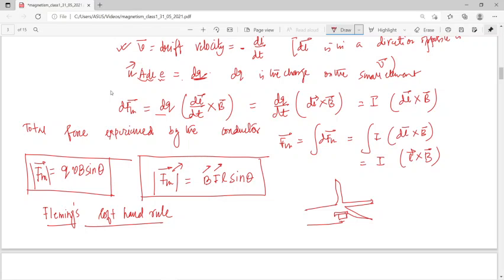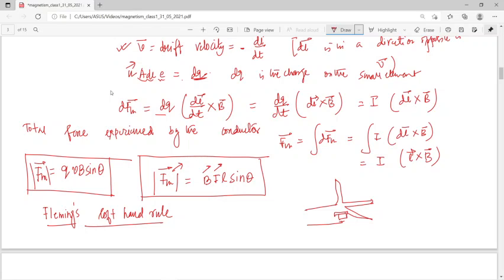The main thing is that we have to stretch the left hand such that the forefinger, the central finger, and the thumb are mutually perpendicular to each other. One is the forefinger, one is the central finger, and one is the thumb.